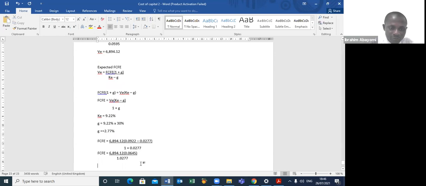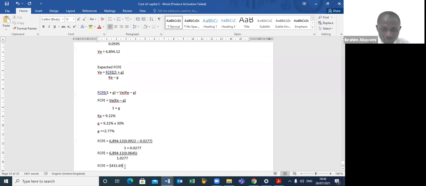So let's get our free cash flow to equity. Multiply and divide: 6,894.12 times 0.0645 divided by 1.0277 gives 432.69. That is the free cash flow to equity that I must make under the new debt.